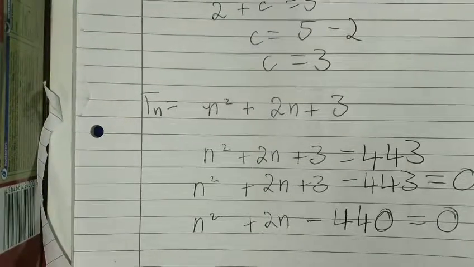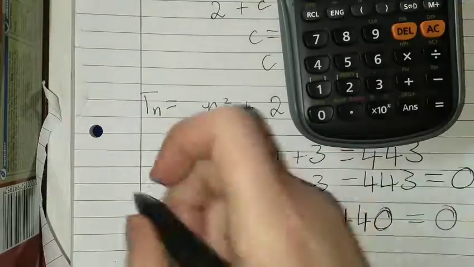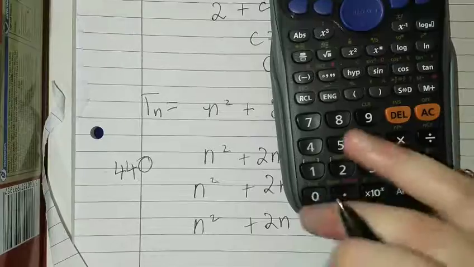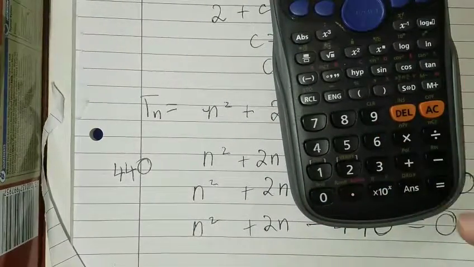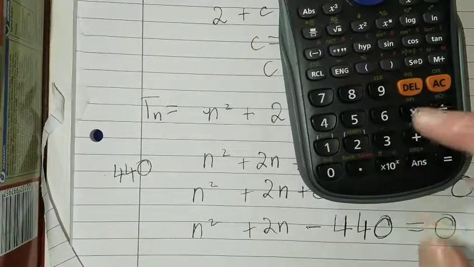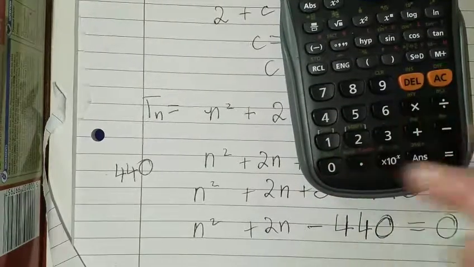So what I might do, I can use the minus b formula, or what I might do is divide 440 by a few different things to see if I can get anything that comes near, that they'll have a difference of 2. So say if I divide by 40, it won't work.